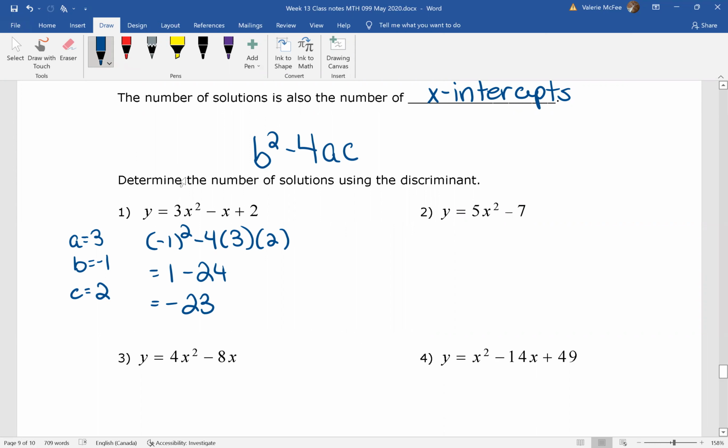We're supposed to determine the number of solutions. When the discriminant is less than 0, we know that there are no real solutions. There are imaginary solutions. Pause your video and use the discriminant to find the number of solutions for question 2.